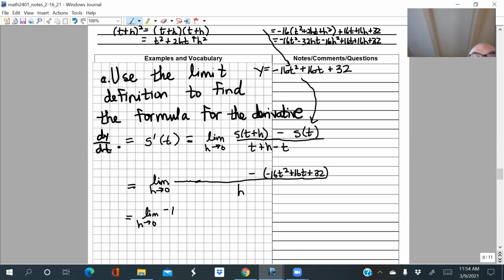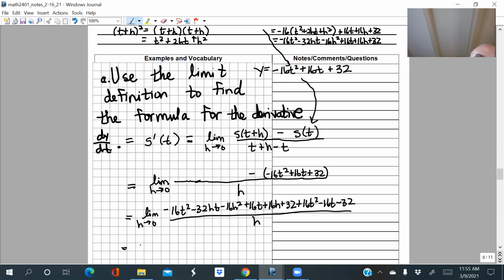So I have minus 16t squared minus 32h times t minus 16h squared plus 16 times t plus 16 times h plus 32, right? And then you're going to subtract what was in parentheses. So that's just changing all the signs. So I have plus 16t squared minus 16t minus 32, all of that over the h.